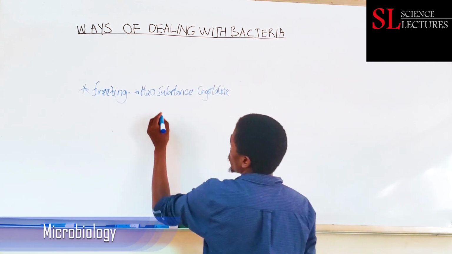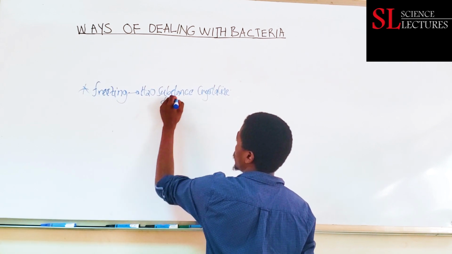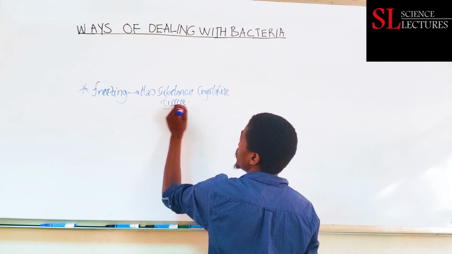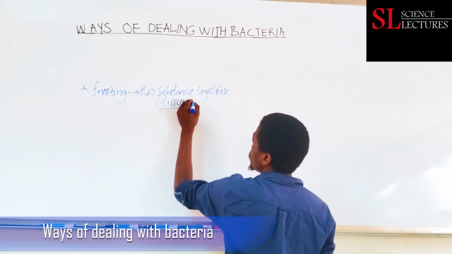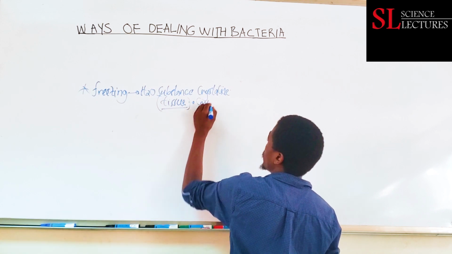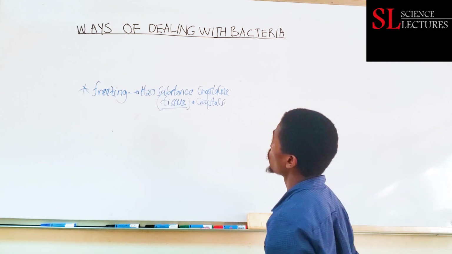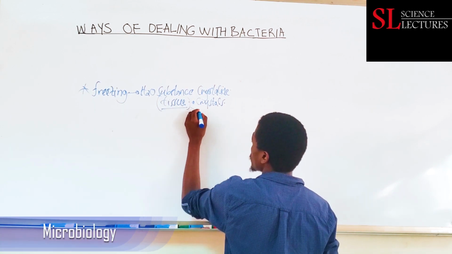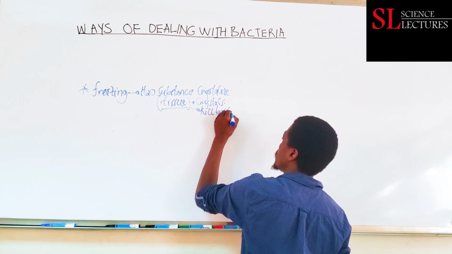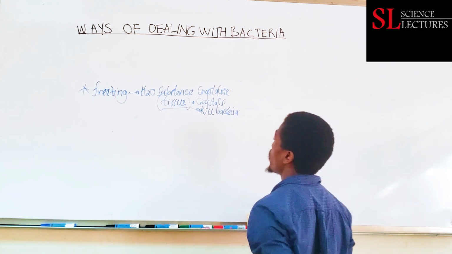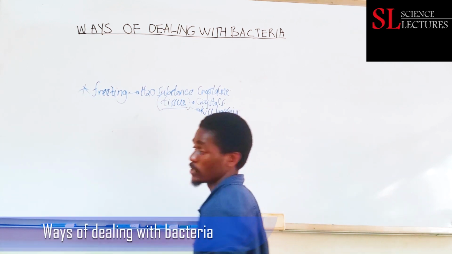Let's say we have a piece of meat, a tissue. We freeze it and make sure all the water in this tissue becomes crystals of water. Most importantly, freezing can kill certain bacteria, and they will die off. So we can apply freezing as a way of dealing with such bacteria.